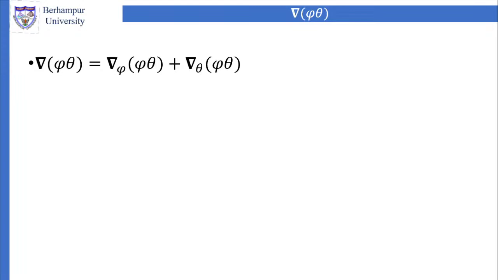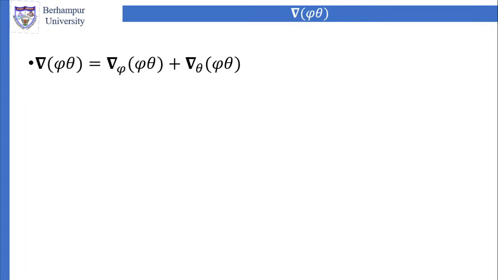So delta will operate on phi first, then theta will be constant, then plus delta will operate on theta. In that case phi will be constant. So this we can write as delta phi. Phi subscript means it is operating on phi. Theta subscript means it is operating on theta. When we take phi subscript, theta is a constant, so we'll take theta outside.